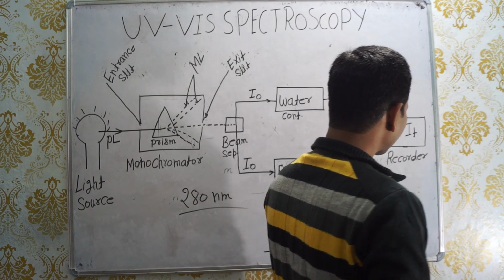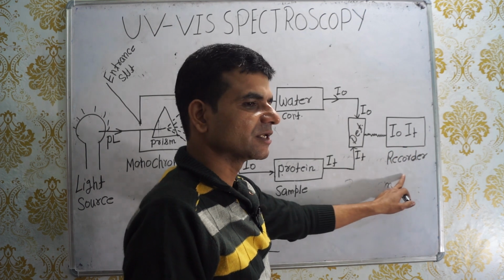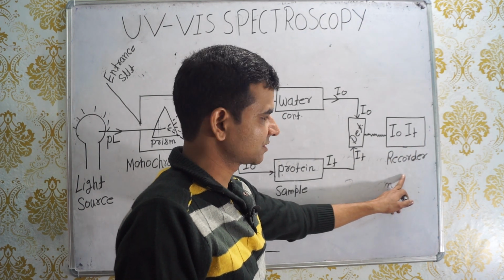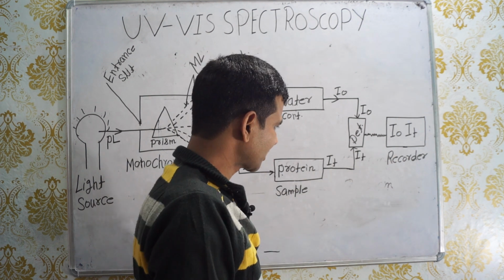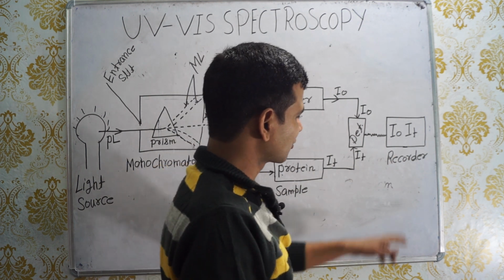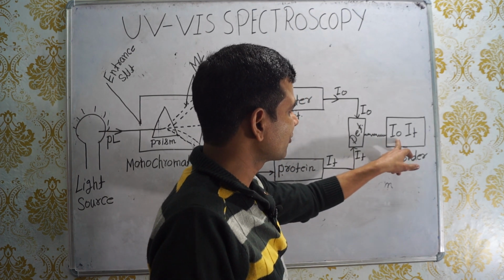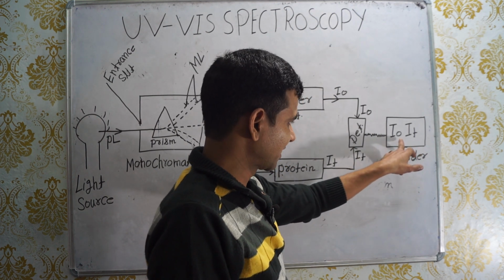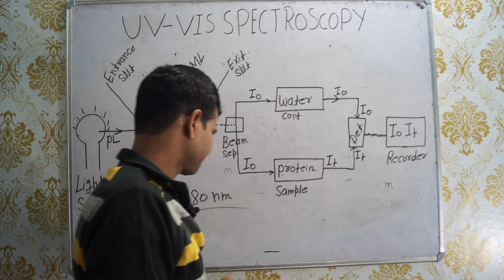Now by analyzing the value of I naught and IT, the recorder will give the value of absorbance. How does the recorder give the value of absorbance? By analyzing the value of I naught and IT, let's discuss.